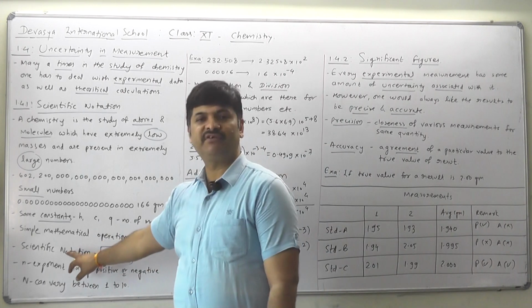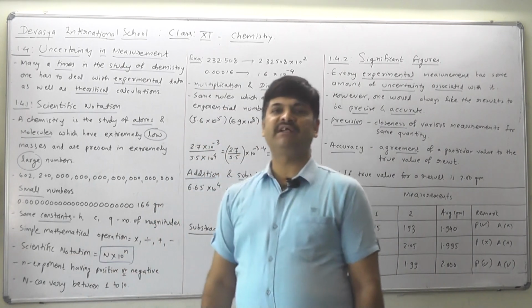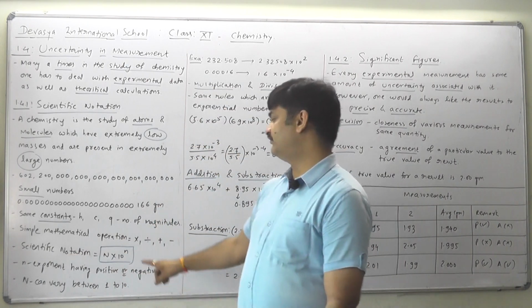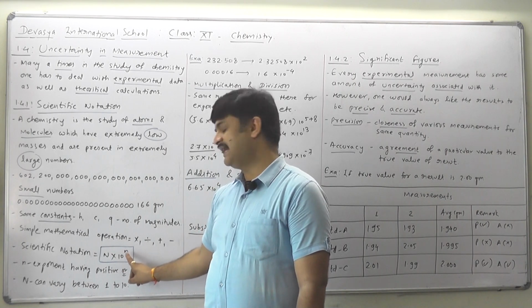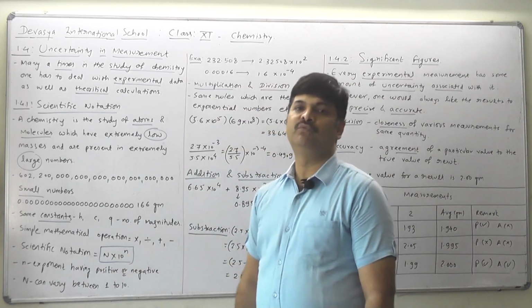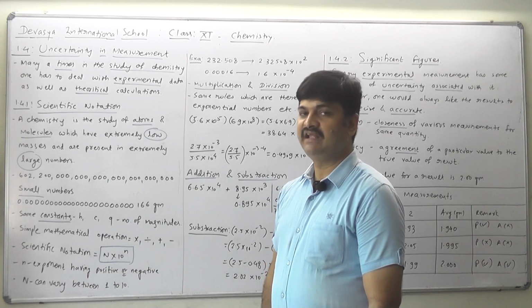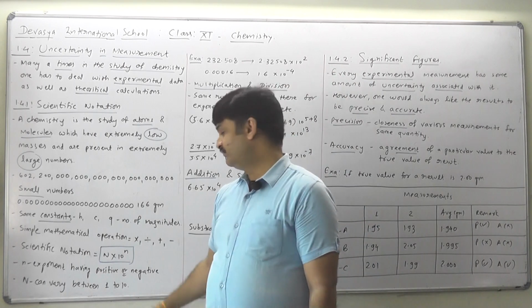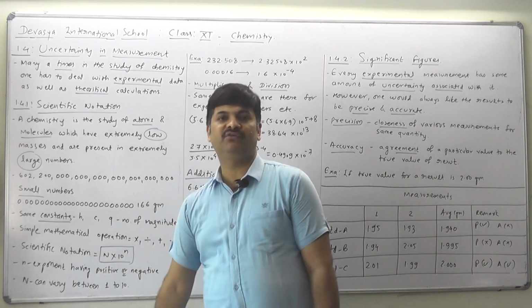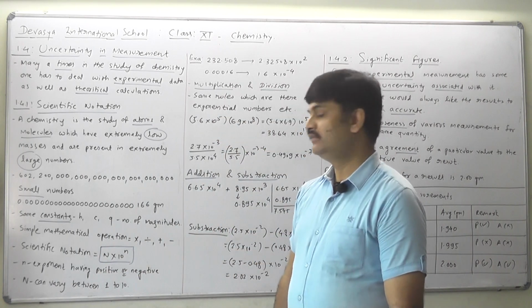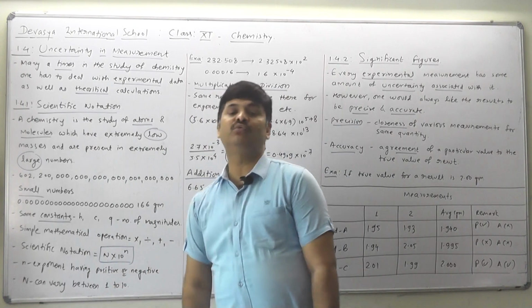So what is scientific notation? Scientific notation is represented with the help of this formula: capital N into 10 power n. Small n is the exponent, which may be either positive or negative. Capital N is a number which is always between 1 and 10.